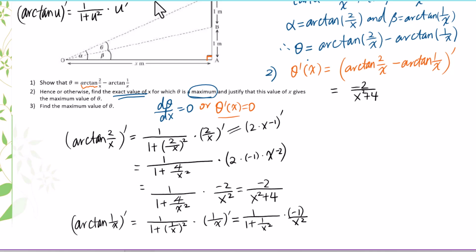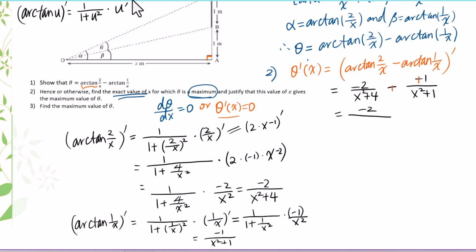Multiply the denominator. We will get negative 1 over x squared plus 1. Then minus negative 1 over x squared plus 1. Negative negative is a positive.